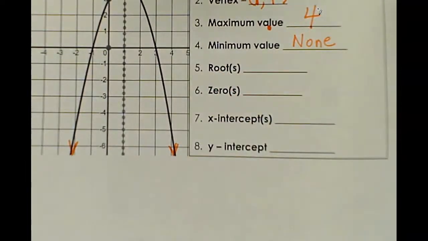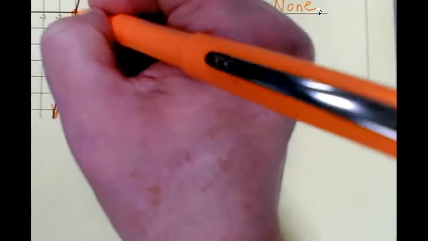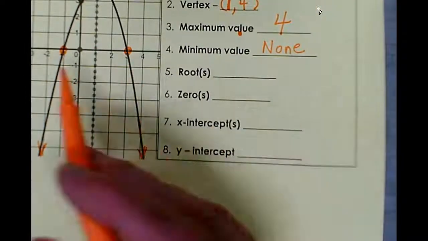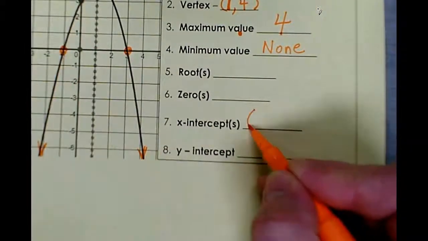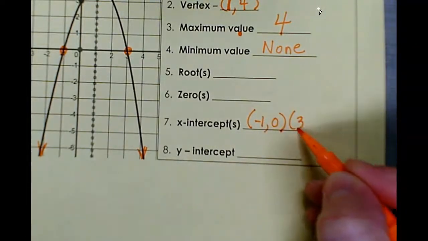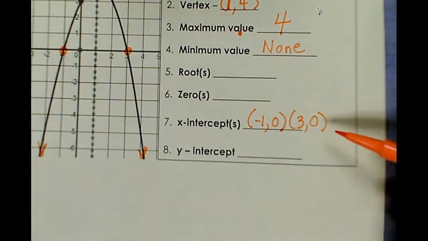What is a root? Well, let's do it this way. What are these points called? And so what are they? The x-intercepts are at -1 and 0, and at +3 and 0. When we write the x-intercepts, we write them down as points.